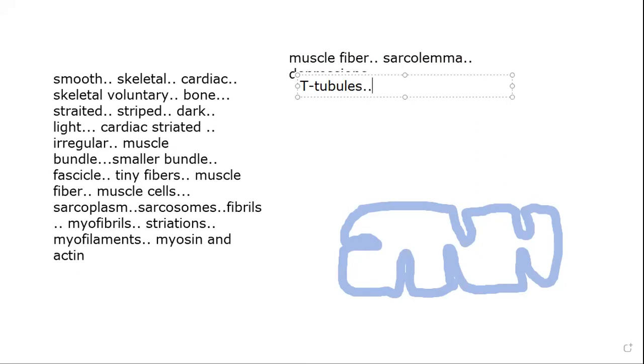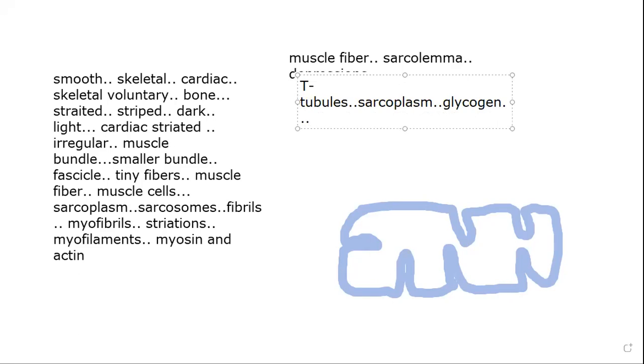Now, inside the sarcolemma, we have the cytoplasm, which is called the sarcoplasm. The sarcoplasm contains all the organelles, and most commonly it contains mitochondria and glycogen. Why glycogen? Because the muscles need a lot of energy for muscle contraction.